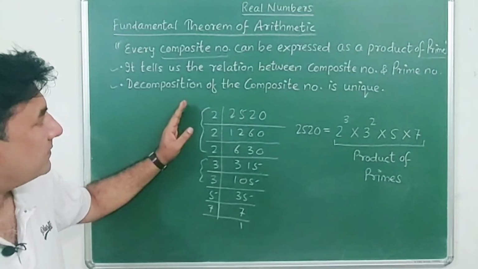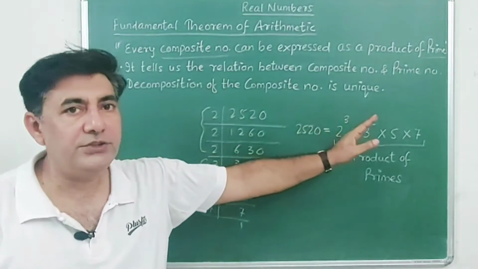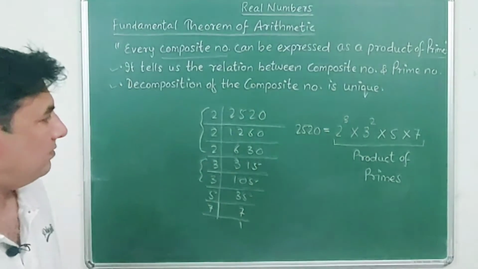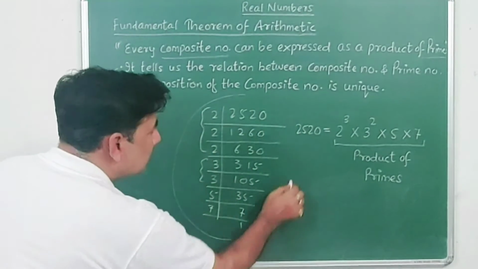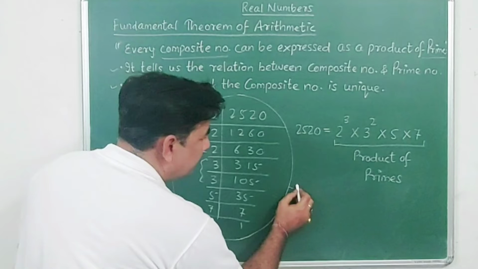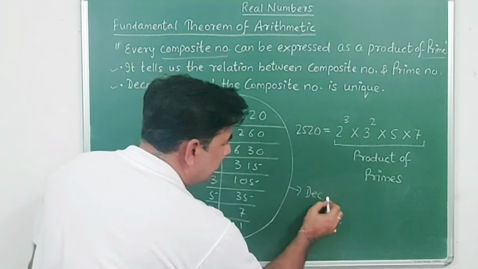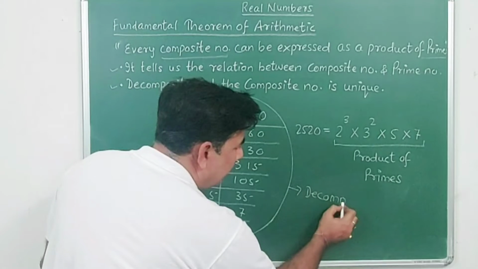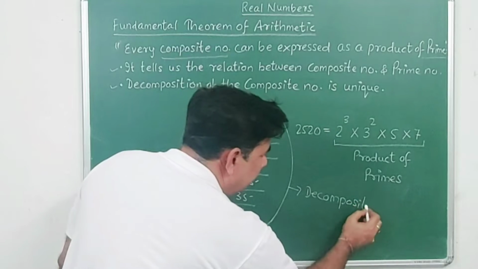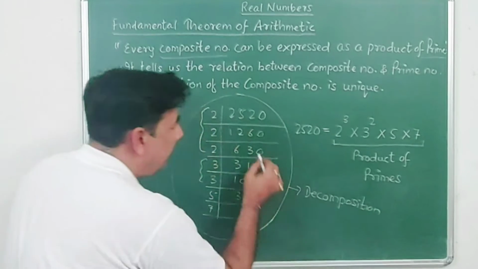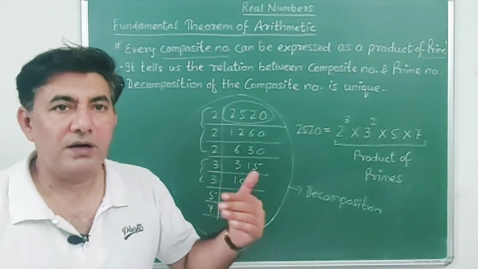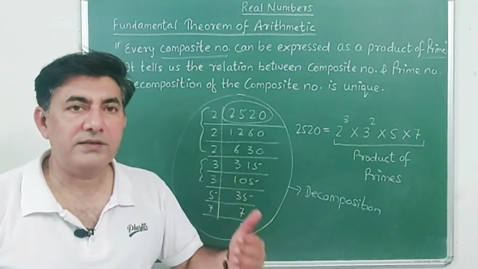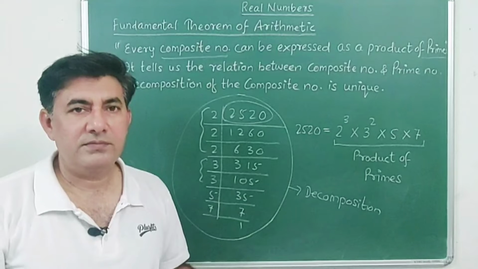Then, decomposition of a composite number is unique. What we have done here, this whole process, is called decomposition, because we are splitting this number into small parts, and those small parts are prime numbers, right?